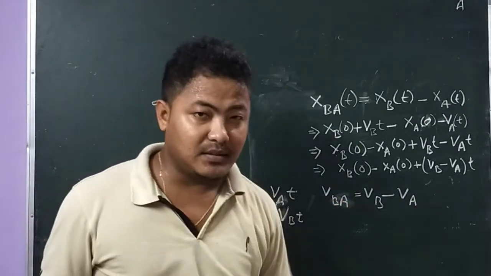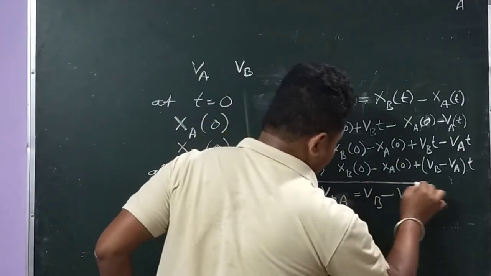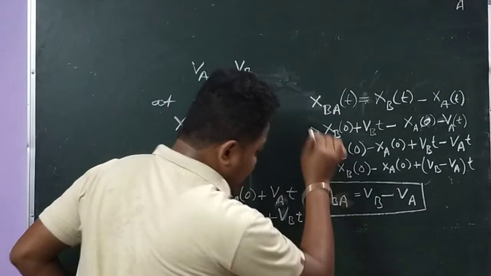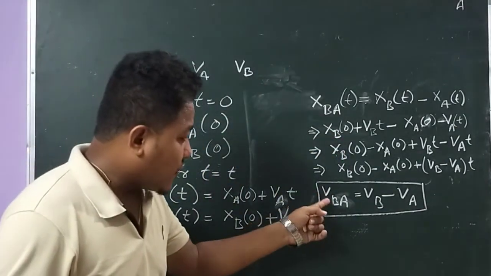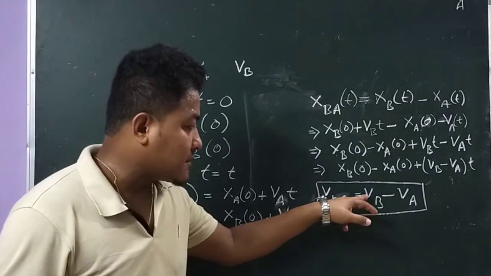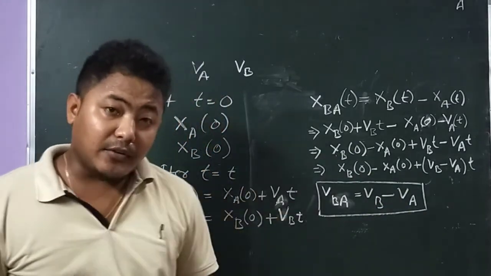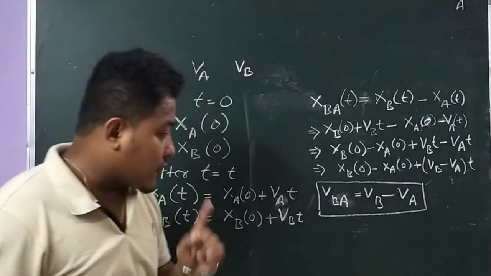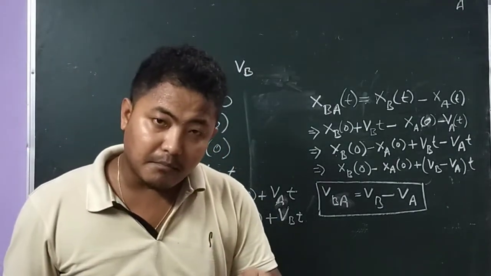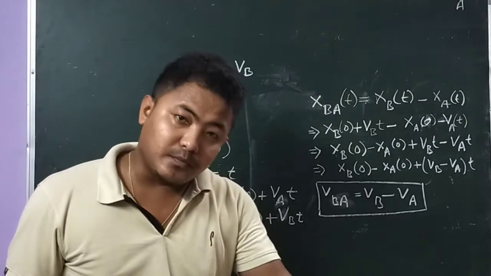This is VB minus VA. You write down this line. Velocity of object B relative to object A is VB minus VA. Am I clear?